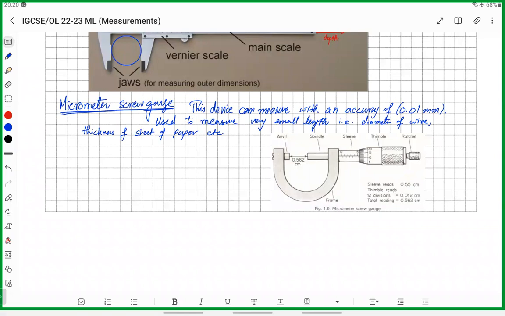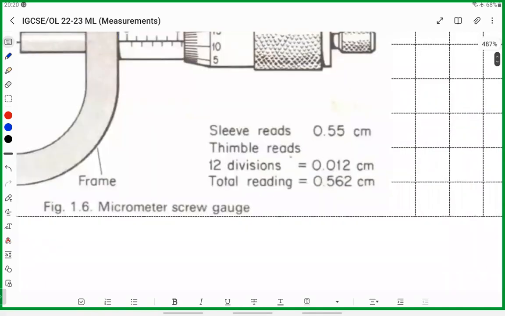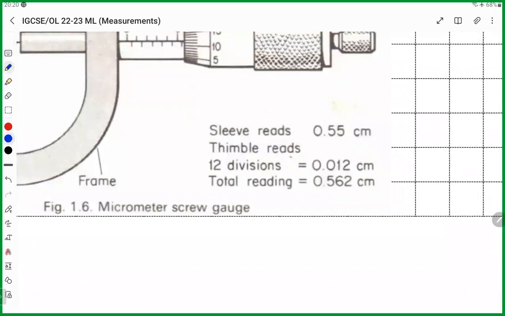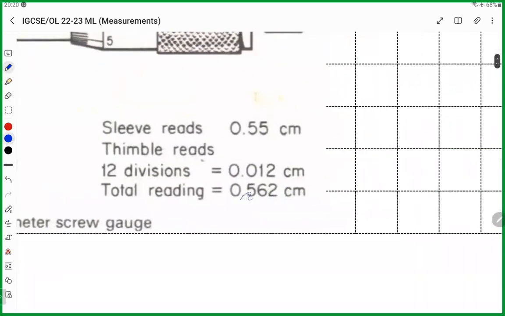So it is a very highly accurate device, and it can measure up to 1/100th of a millimeter. Look, you can see, for example, this is the final answer. This is 1/10 of a centimeter. This is 1/100 of a centimeter.